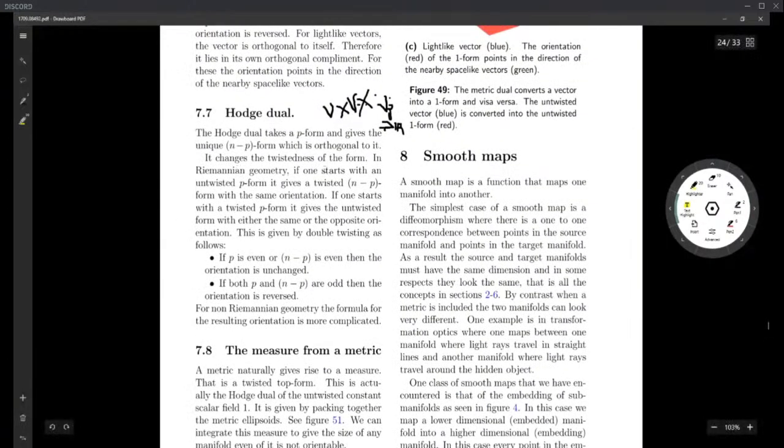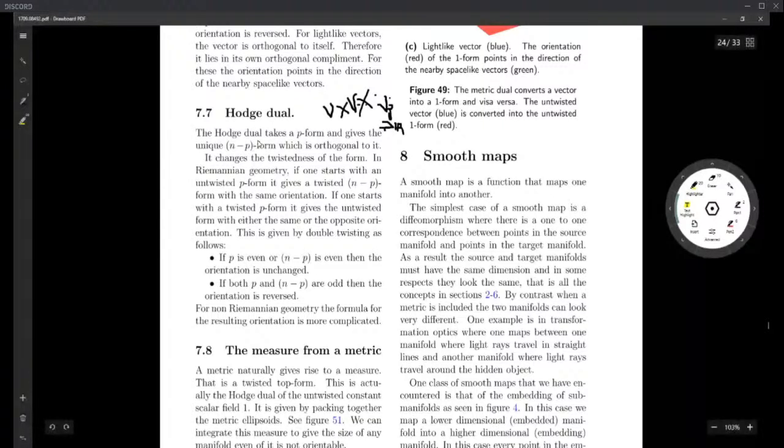Obviously, the twistedness is changed, and another important property, which we'll explore later when we're doing GR, is that if you start with an untwisted p-form and take the Hodge dual of it, you'll end up with an n-p form with pretty much the same orientation.